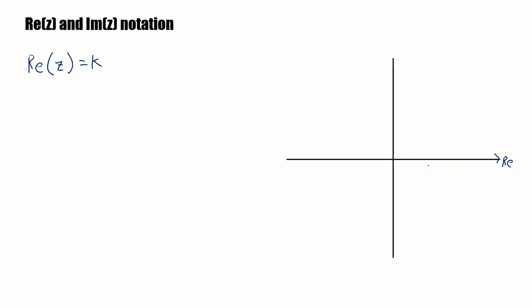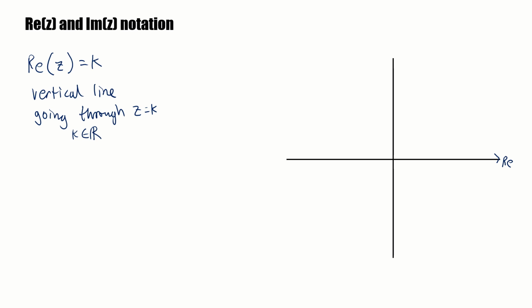But we've given no restrictions on what's happening vertically, because we haven't given any restrictions on the imaginary part. So that will result in a vertical line going through just z equals k, where k is a real number.